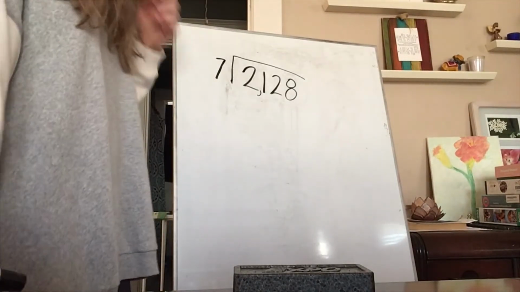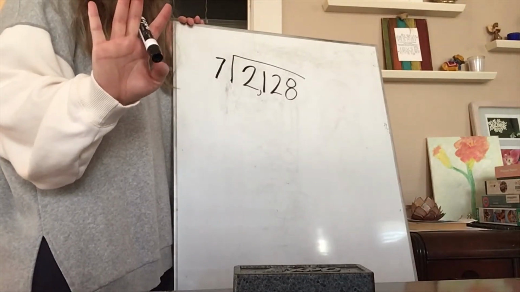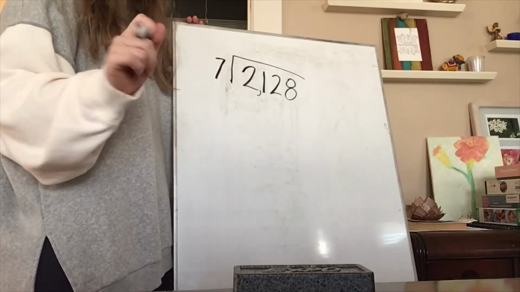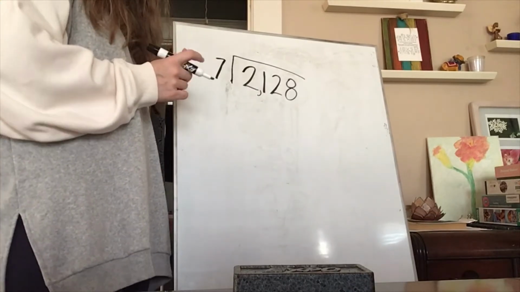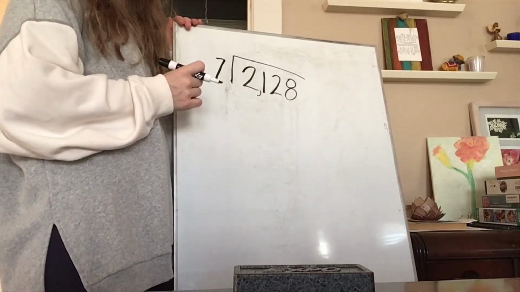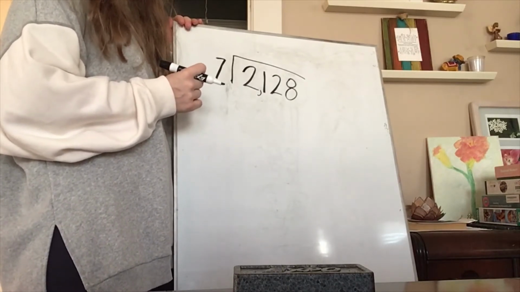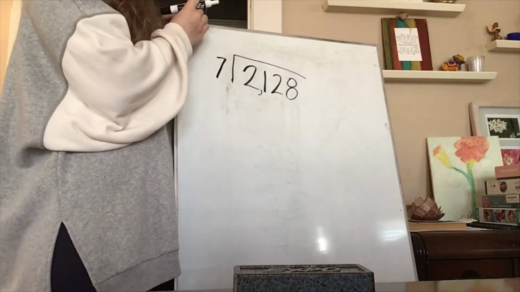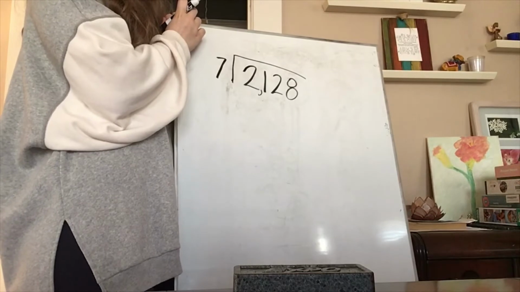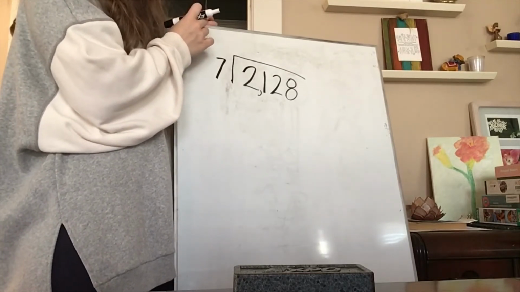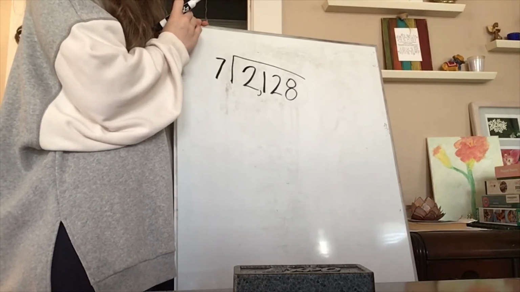Okay, so let's look. Step 1. Zari. Divide. Okay, which means we do what? What are the words that we use? We divide the dividend from the divisor.